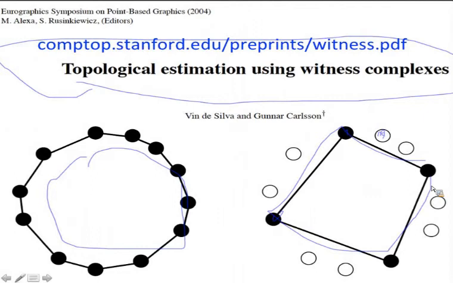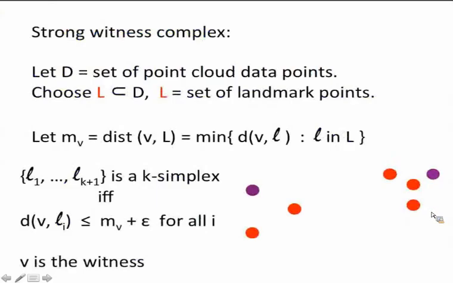Sometimes you do want to allow a little bit more, so there are other types of witness complexes, and one of the more common ones is the strong witness complex. In the strong witness complex, we again have our data set and our landmark set, and our landmark set is again going to become our set of vertices.